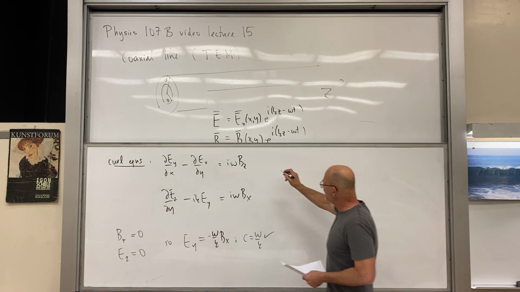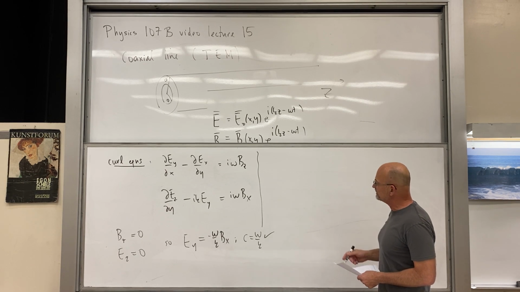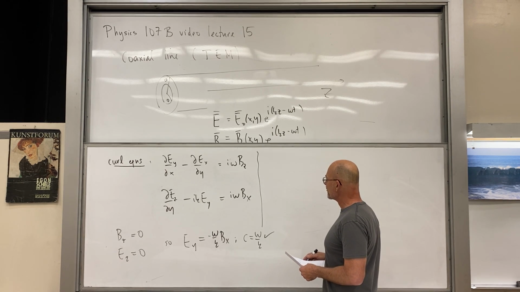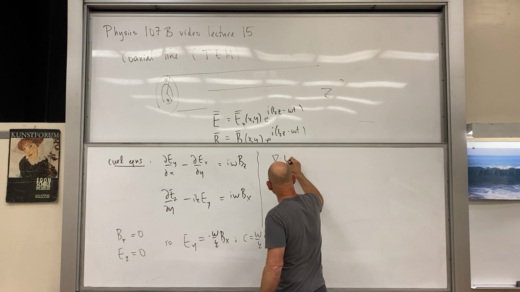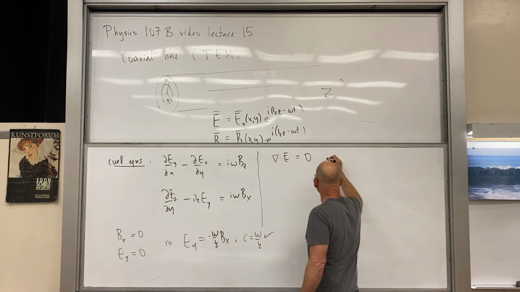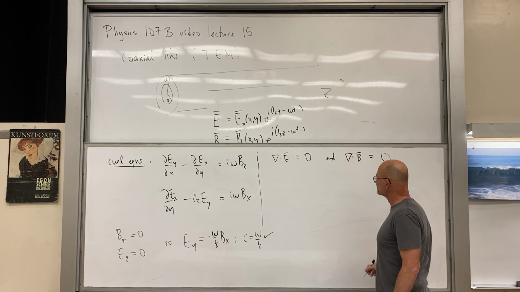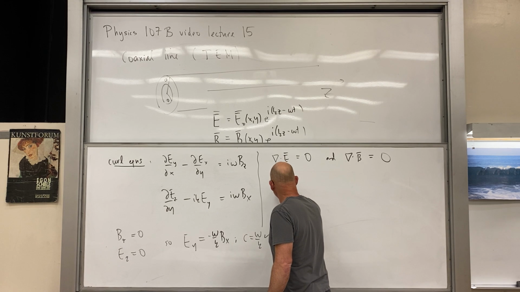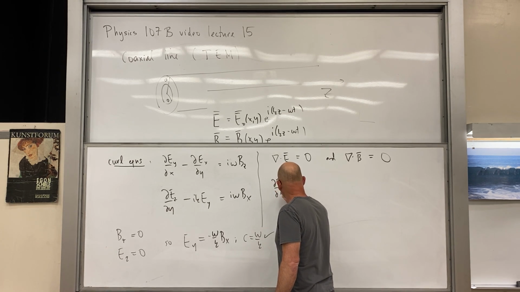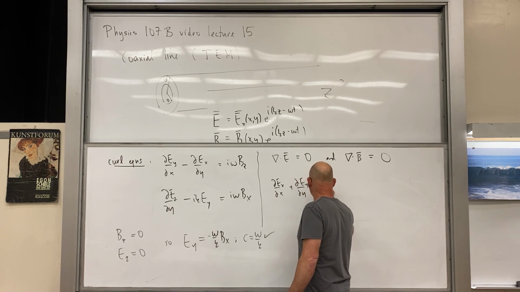If we take, in addition to this, the divergence equations, divergence of E equals 0 and divergence of B equals 0, we will have dEx/dx plus dEy/dy equals 0 now.